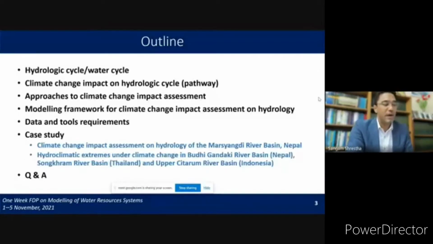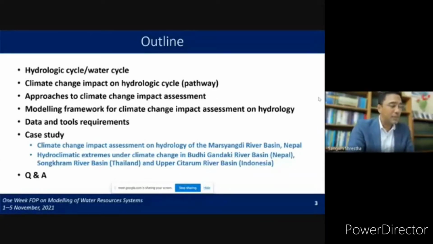So this is the outline of my lecture today. I will be explaining briefly the hydrological cycle or water cycle. What is the pathway of climate change impact on hydrology and the hydrological cycle? Then I will briefly describe the approaches available for climate change impact assessment on hydrology and water resources.